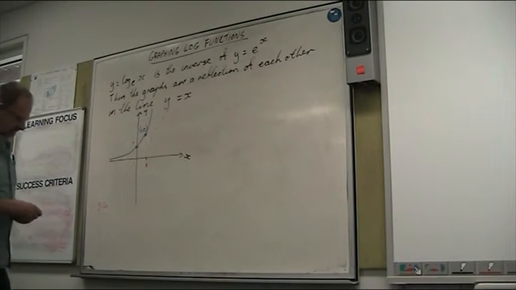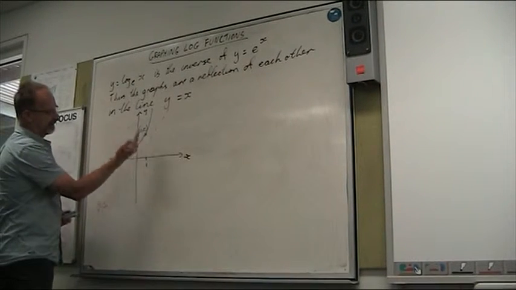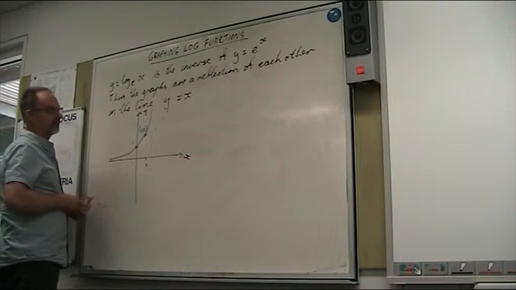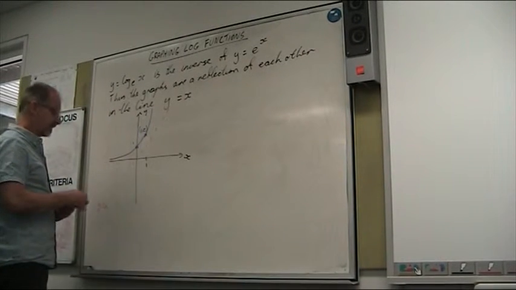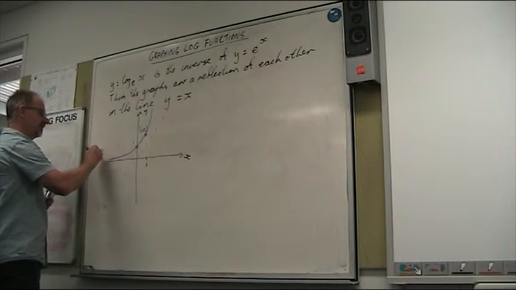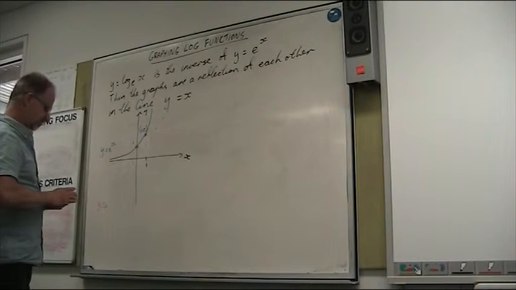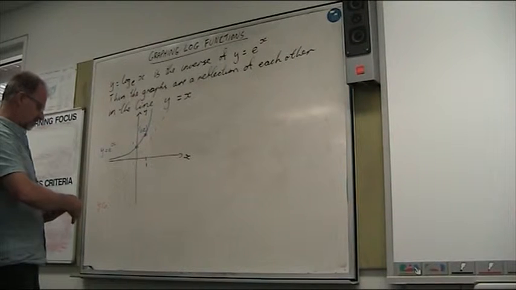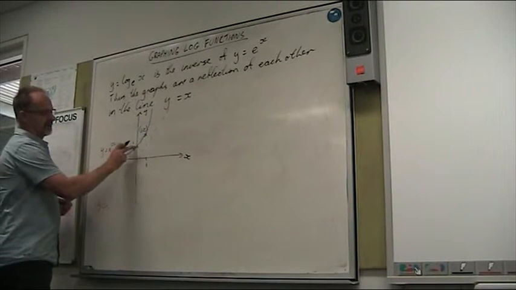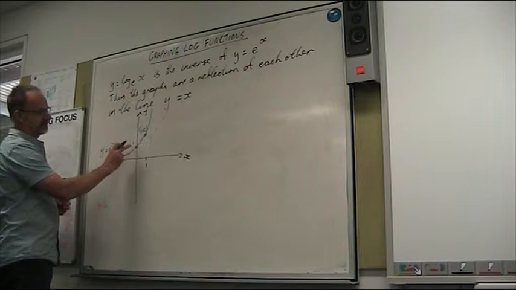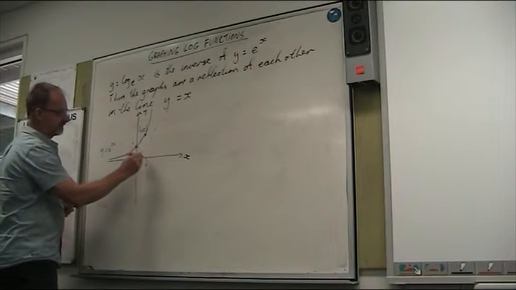So if they are a reflection, that blue one there is y equals e to the x, and we reflect it in the line y equals x. So this intercept gets reflected over to there.